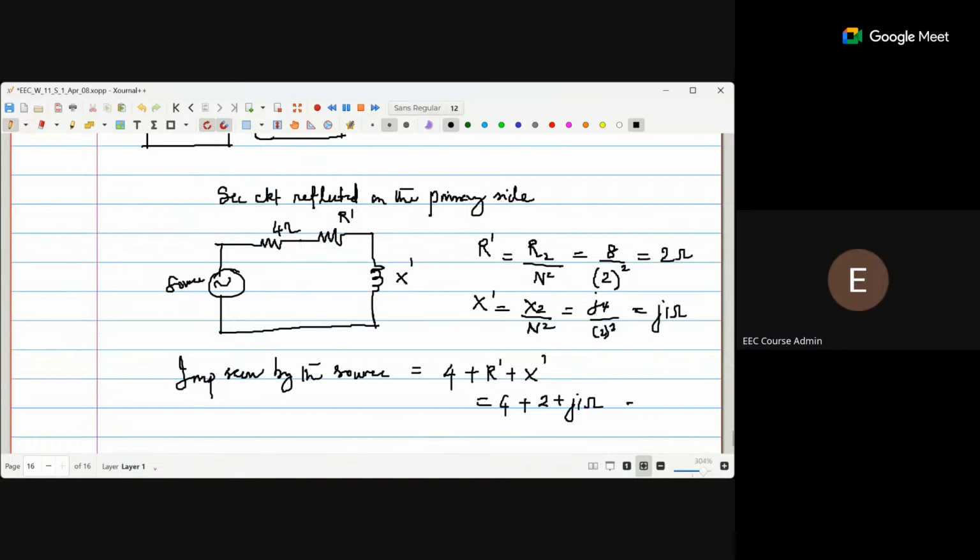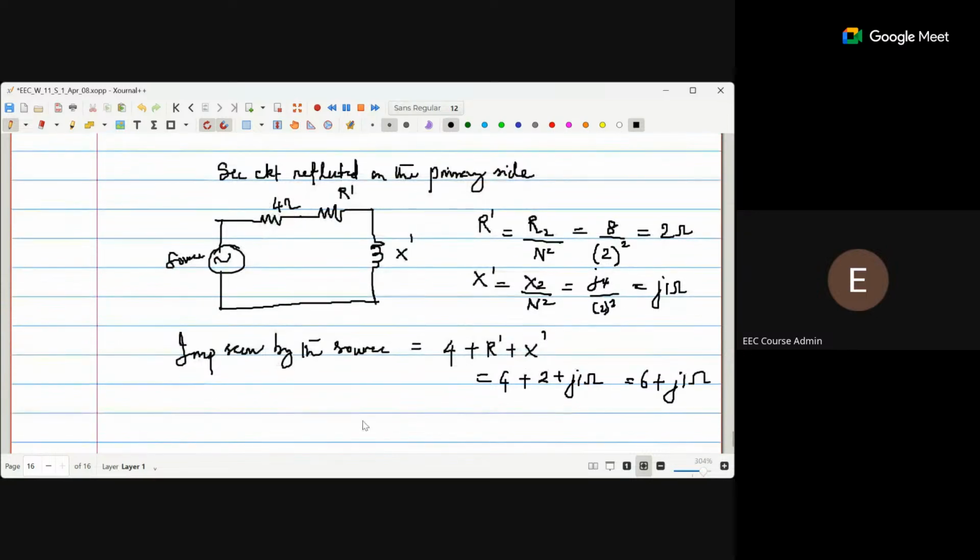So that will be 6 plus J1 ohm. So input impedance will be magnitude root of 37, some 6.08 or something you will get.